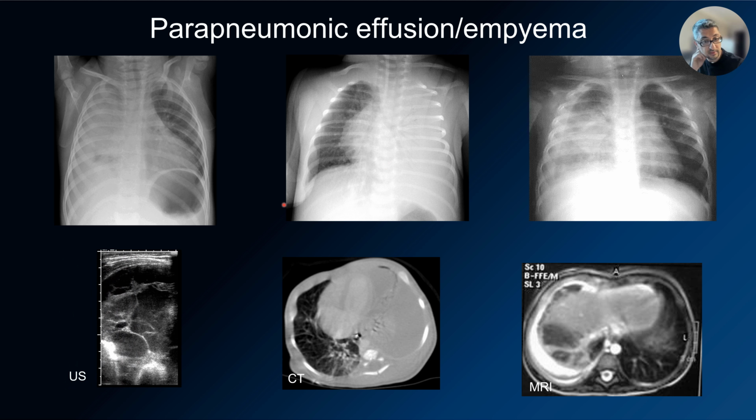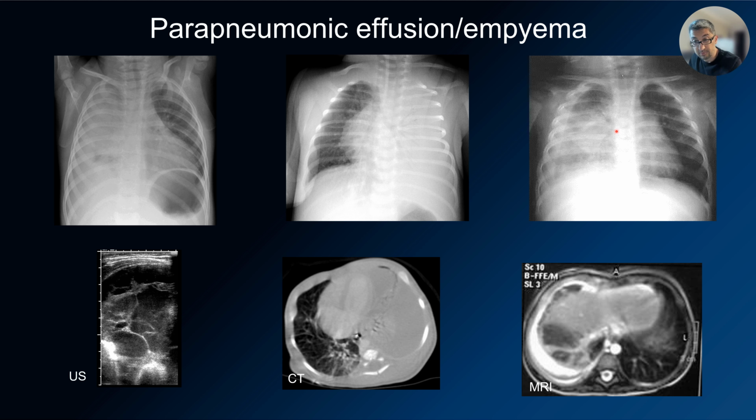There is also an important point that bacterial pneumonia can be associated with parapneumonic effusion or empyema. Empyema needs drainage. Parapneumonic effusion does not. So how do we differentiate based on the X-ray?